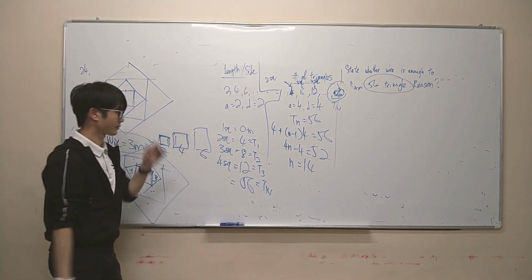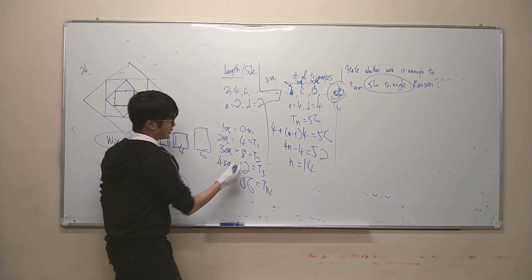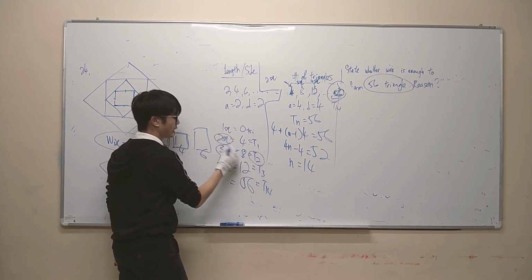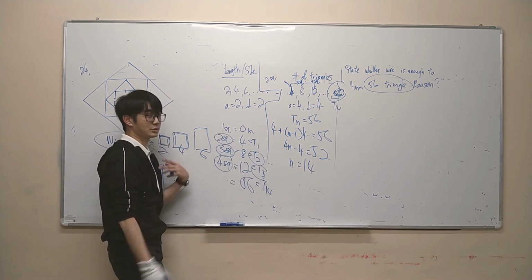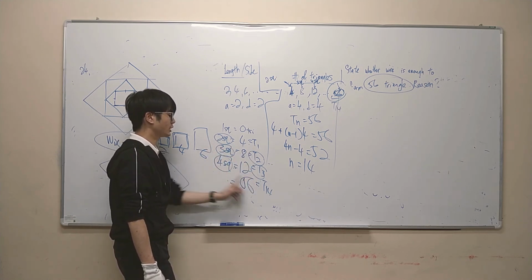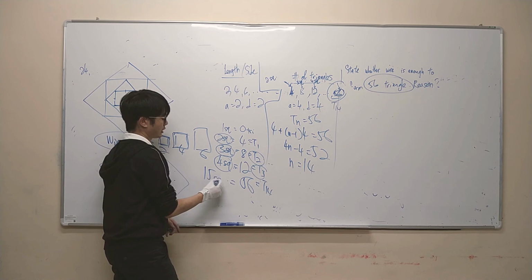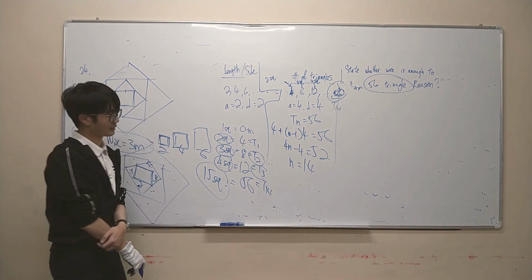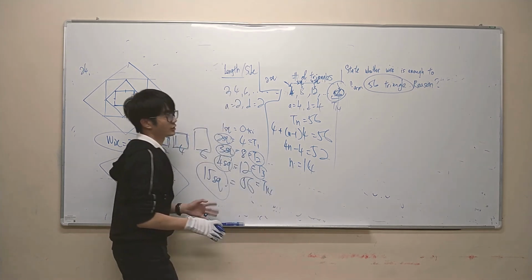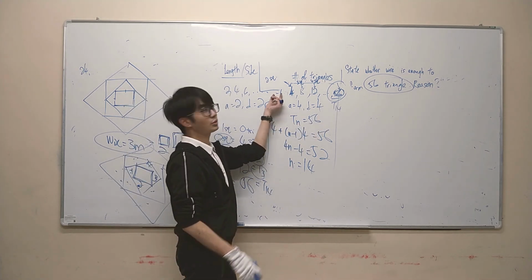Maksudnya macam mana? Can you see that T1 is 2 squares, T2 is 3 squares, T3 is 4 squares. It means I have to plus 1. Betul? If T14, 15 squares. Okay? So, n equals 14. I know n is equals to 14. But remember, we skip the first square.